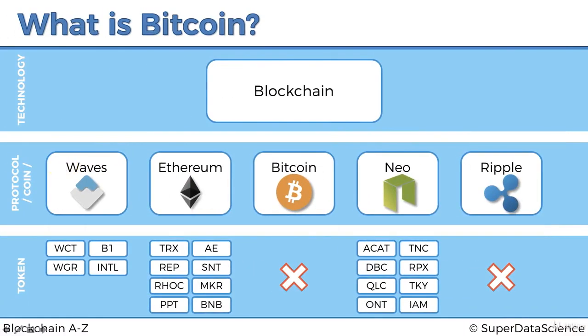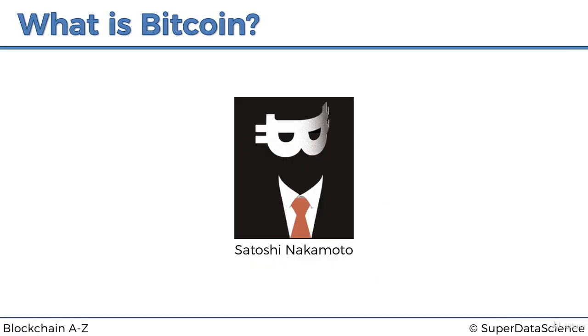Okay, and so let's quickly talk about what Bitcoin actually is. Bitcoin was invented in 2008 by a person or people operating under the name Satoshi Nakamoto. Nobody knows exactly who Satoshi Nakamoto is. They don't know if it's one person or many people, and it's still a mystery.